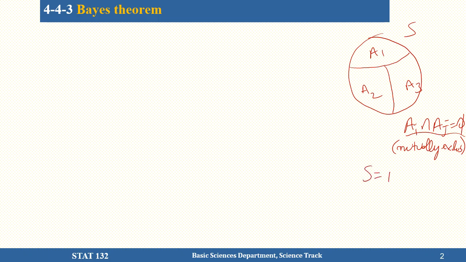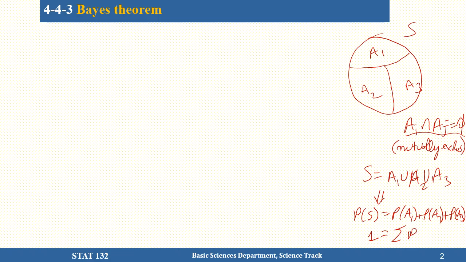Their union is making the sample space, which means, since they're disjoint, we can add the probabilities, and the sum of their probabilities is equal to 1. So you can say the sum of the probabilities of the Ai's is 1.